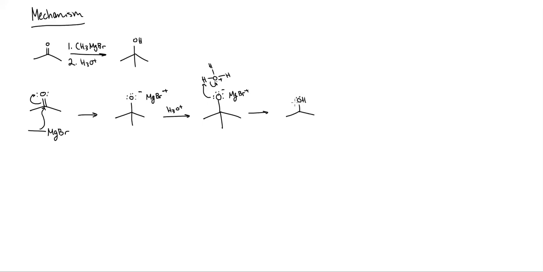So I just get this, and I get water. And then I get MgBr plus. That's it. So that's my mechanism for this first one. That's what happens whenever I add once. And the mechanism for a ketone and aldehyde is the same. So now let's take a look at the mechanism whenever I add twice.